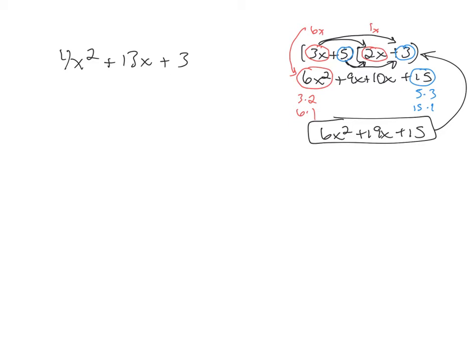Okay, and so the other thing that I want you to notice, and then we'll come back and do our problem, is the 9x comes from this 3x and this 3. Notice it's a red with a blue. Okay, and then the 10x comes from the 5 and the 2.